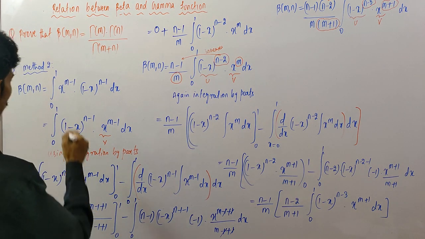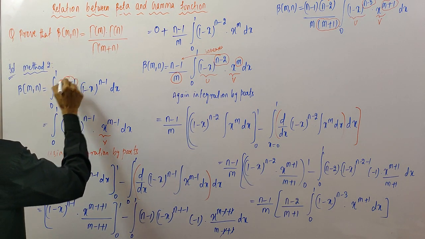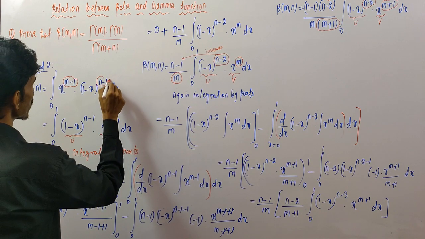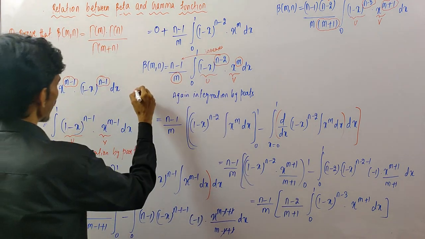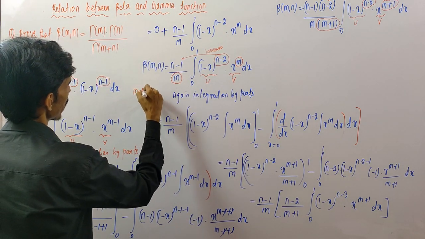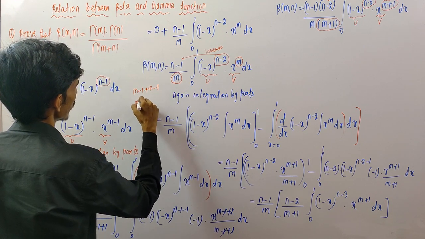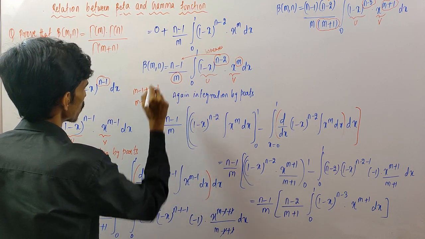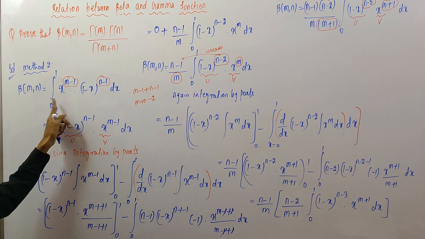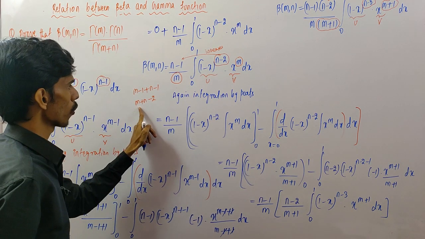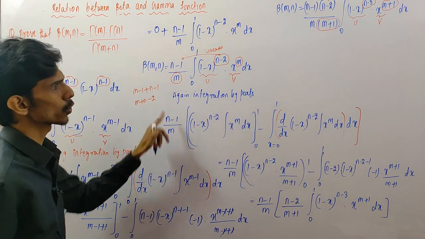So here I have m minus 1, n minus 1. Adding these two powers, m minus 1 plus n minus 1, we have m plus n minus 2. So this integration will continue till the power of x becomes m plus n minus 2.